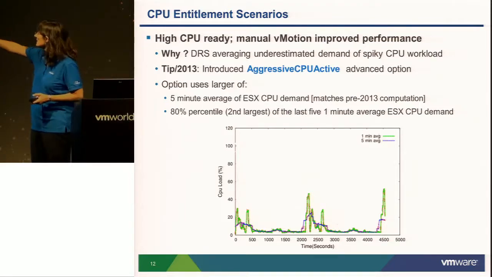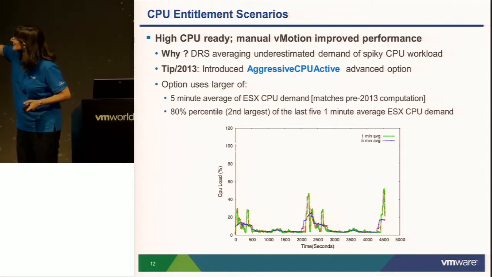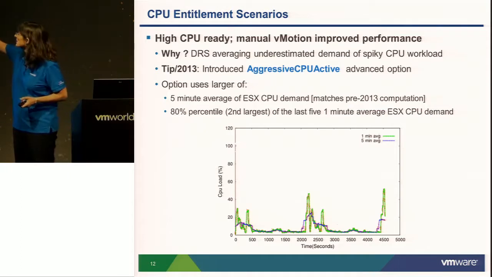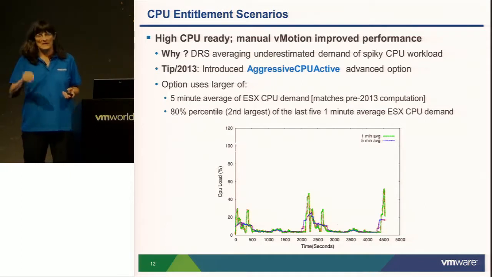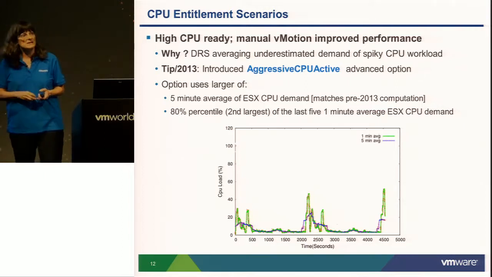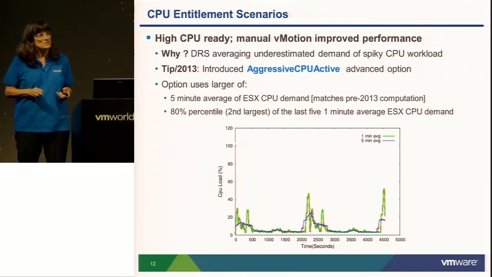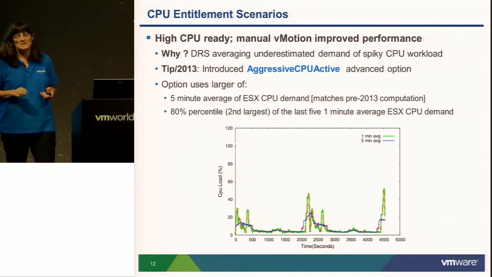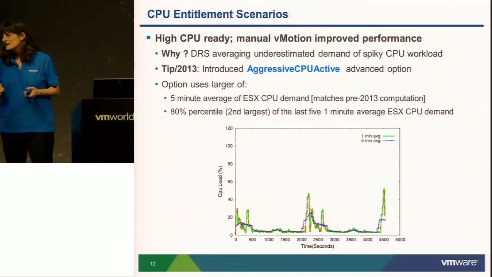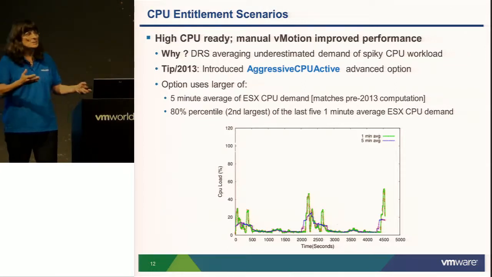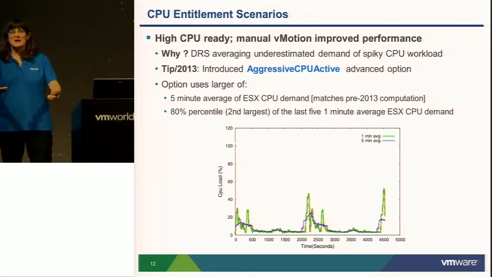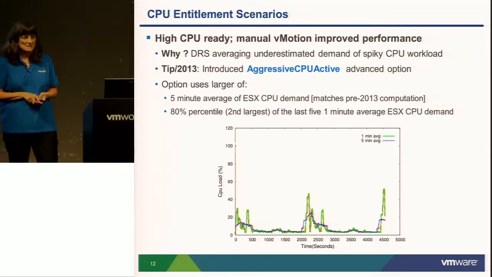In this picture, that dark blue line is the 5-minute demand that DRS was using, and the green spikes were the actual little spikes in CPU demand that the VM was experiencing on the host over time. By taking that 5-minute demand metric, we were smoothing out those spikes and missing them. So DRS wasn't doing the right thing in this case with respect to the design goal of maximizing VM performance.